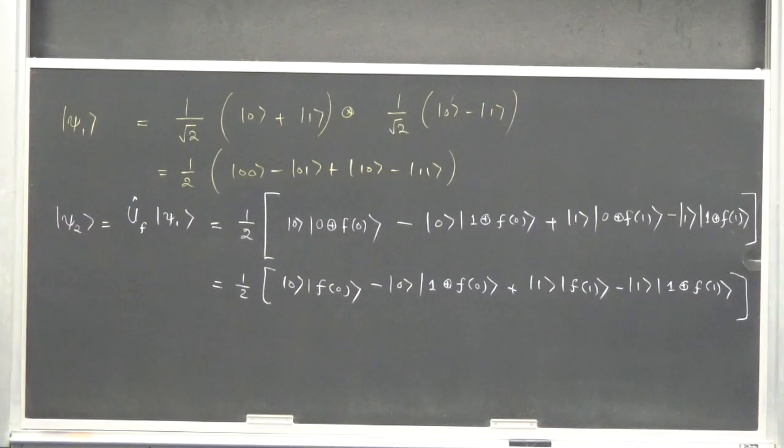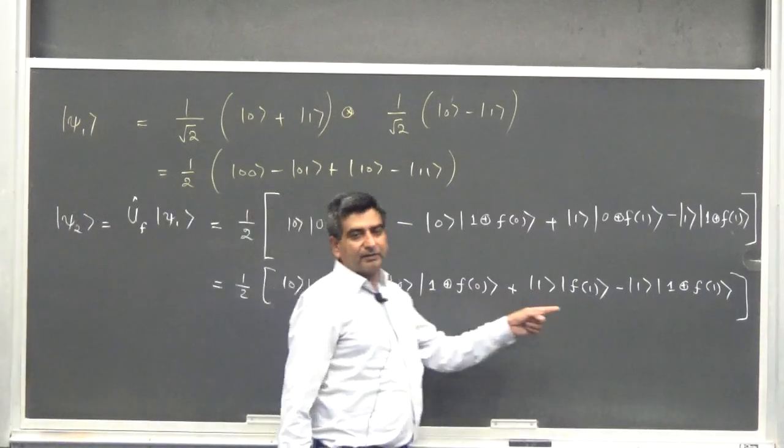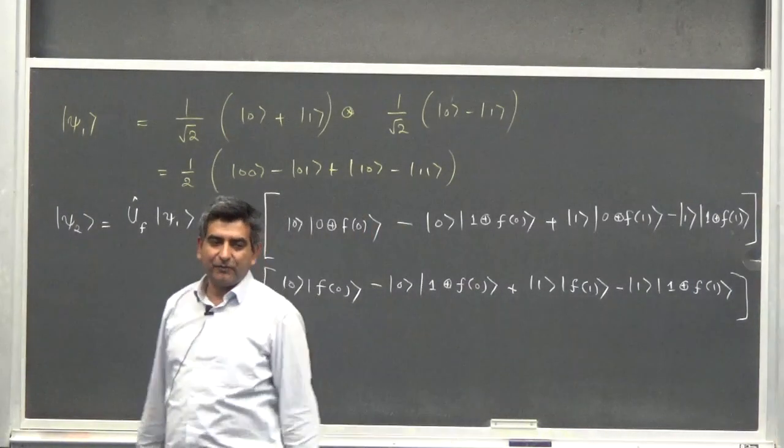So this is the state that is achieved over here. I still don't know what f0 and f1 are, the four possibilities for f0 and f1.